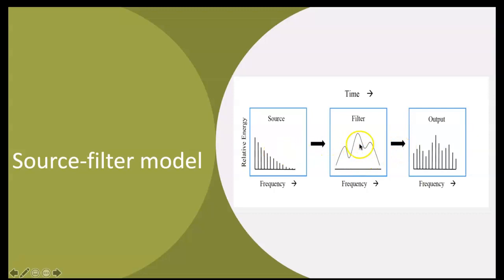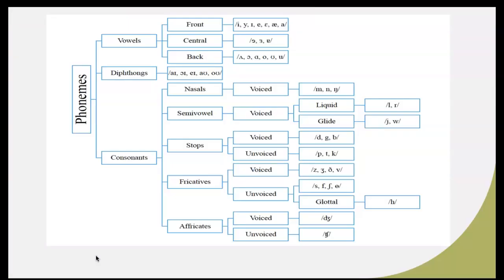And then you add this to this, and it gives you that. And you can see it's the same harmonic structure, but it has peaks where the filter peaks occurred. So here, here, and here, here, here, and there. Okay, so that's the source filter model or source filter theory. It kind of serves as the foundation of speech production, which then also goes into speech perception.